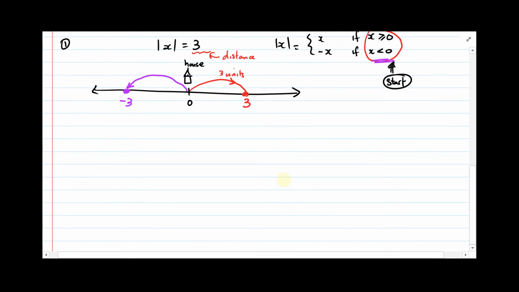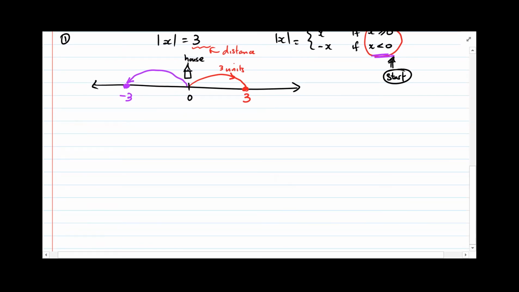Of course, you can check this immediately just by doing a mental check. The absolute value of negative 3 is 3, so both solutions work, and I can, on my paper, write the final solution: x is equal to negative 3 or 3.